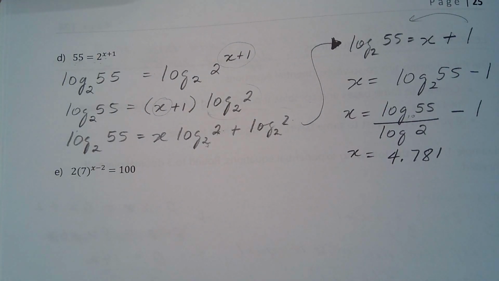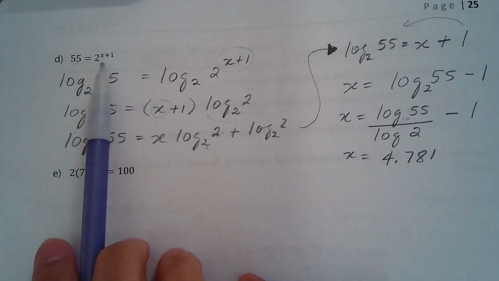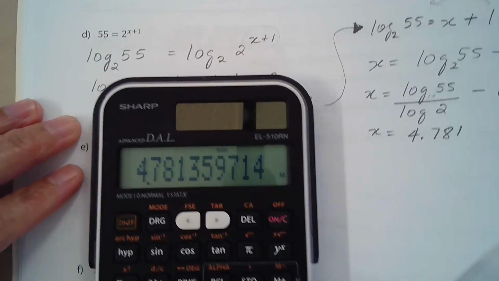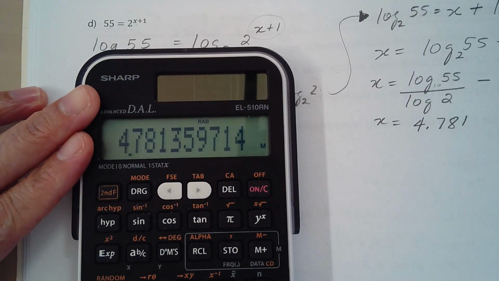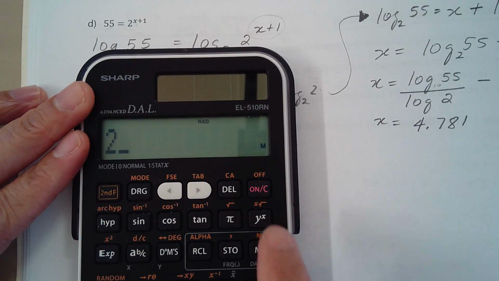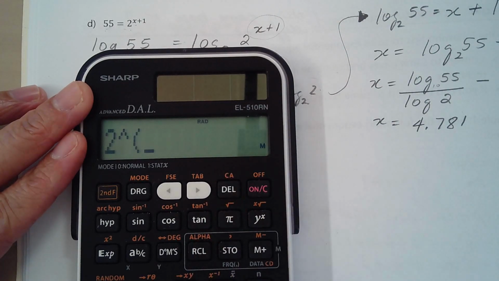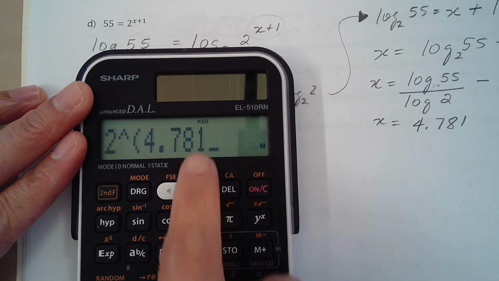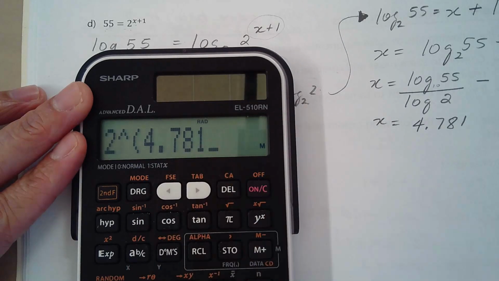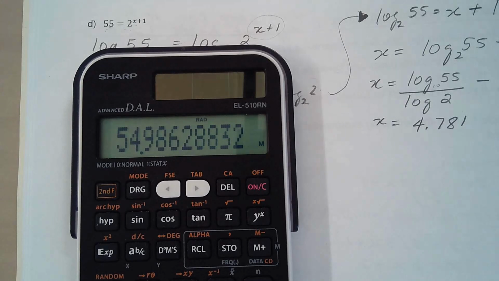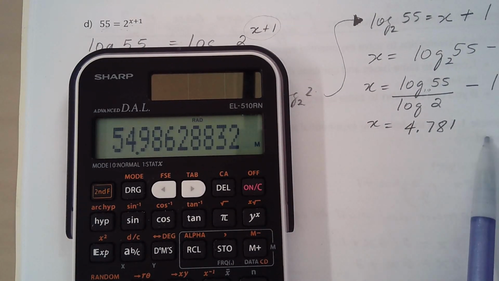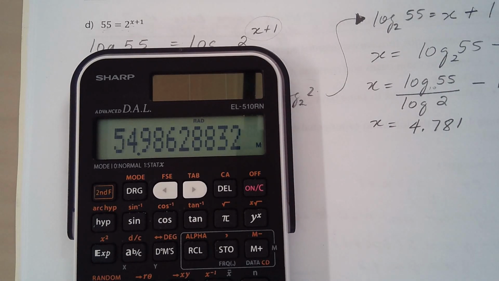We're going to go 2 to the exponent of 4.781, and we realize that we're not typing all of them, right? So plus 1. We're not going to get exactly 55 because we didn't write down all of the decimals here, but that's pretty close to 55.